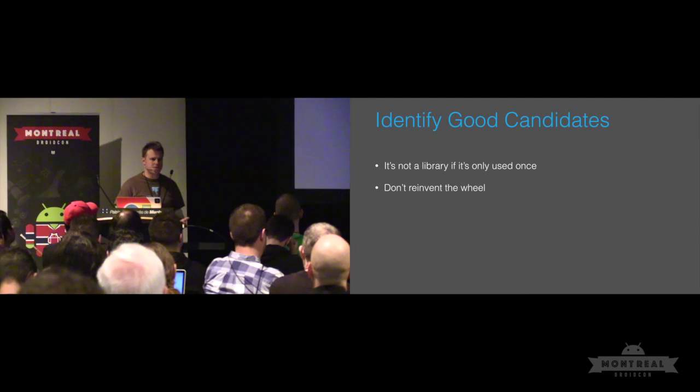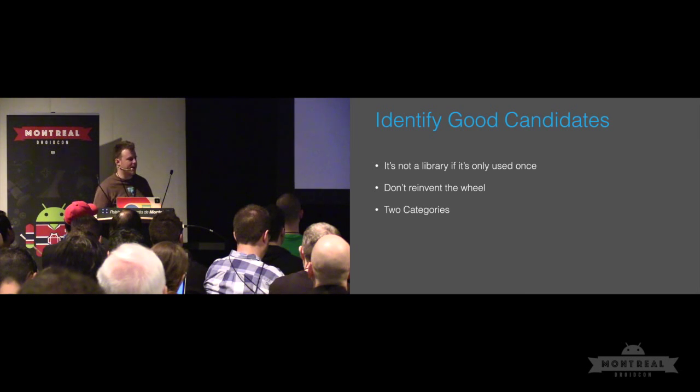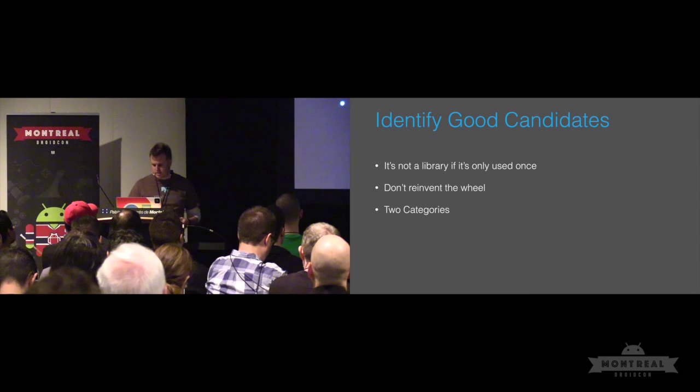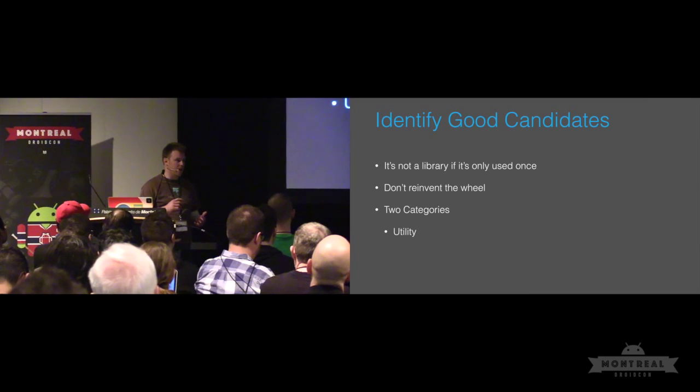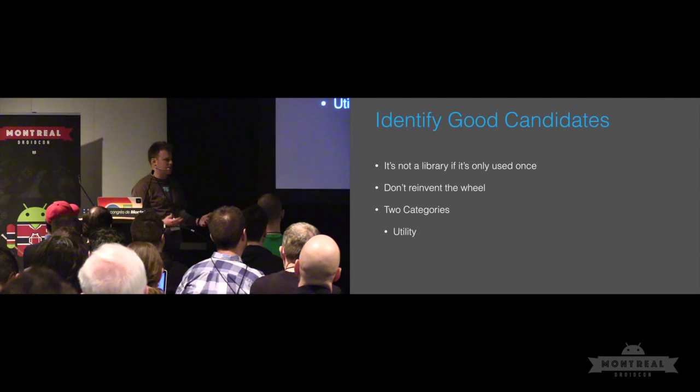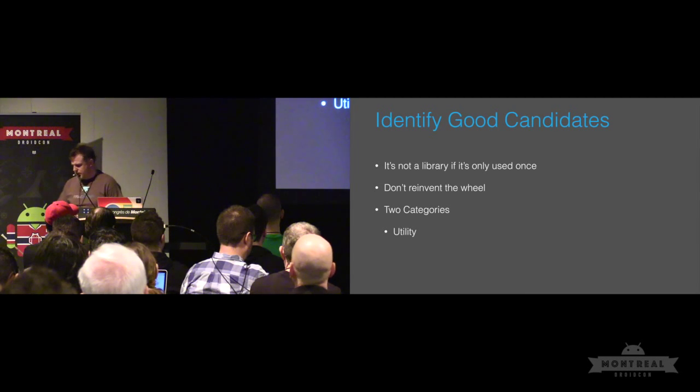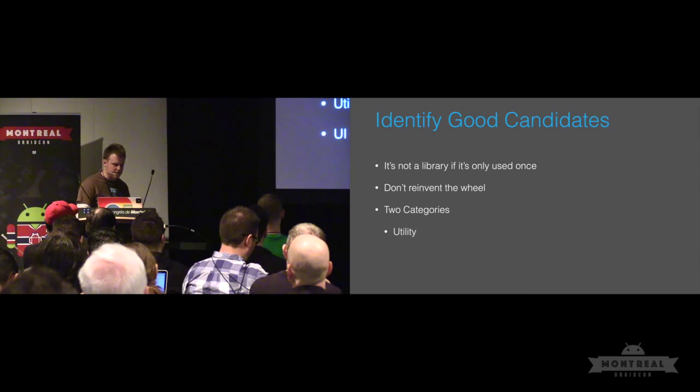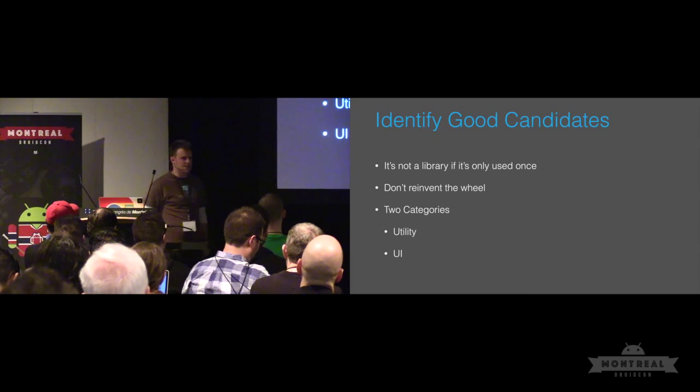When thinking about reusable code, I really like to think of two categories of libraries. You have your utility libraries, which are non-user facing things like Retrofit. They're developer-friendly libraries to make your development life easier. And then there's UI libraries, as I like to call them.